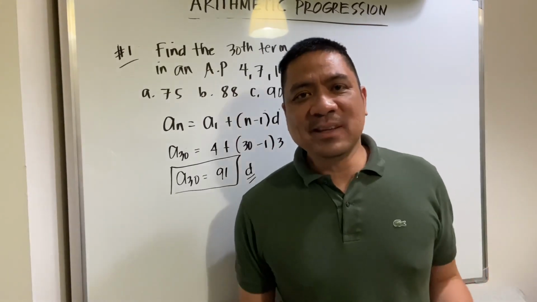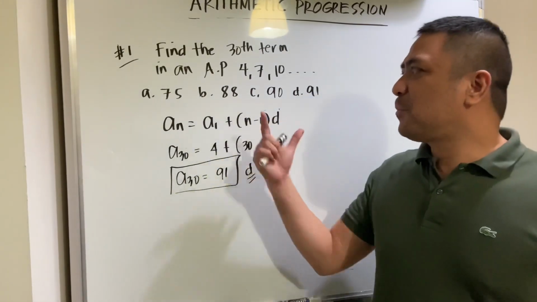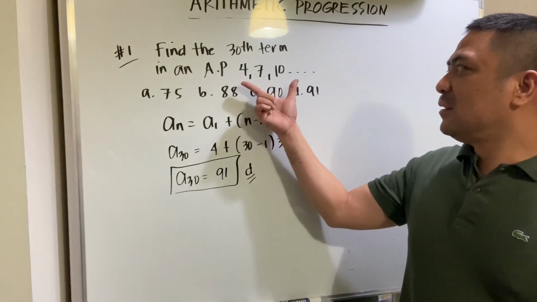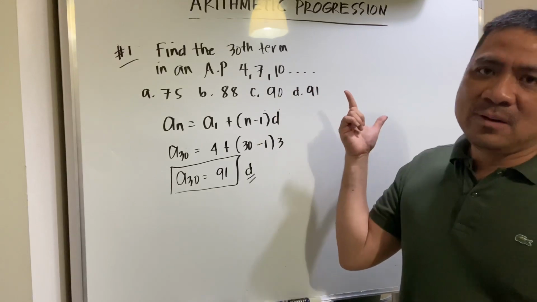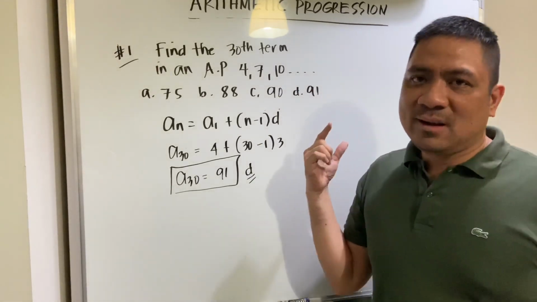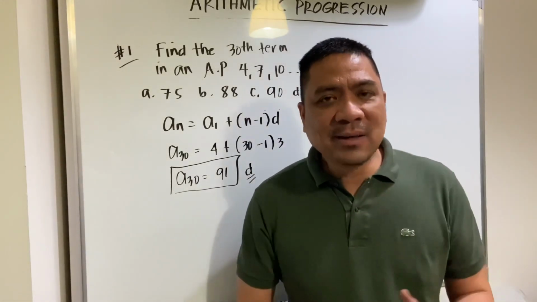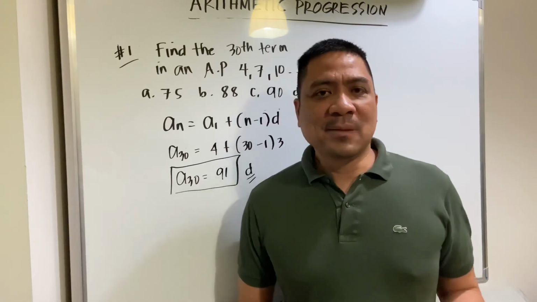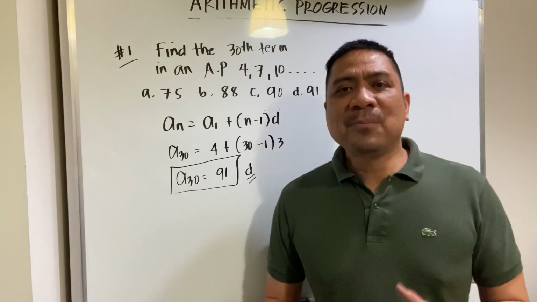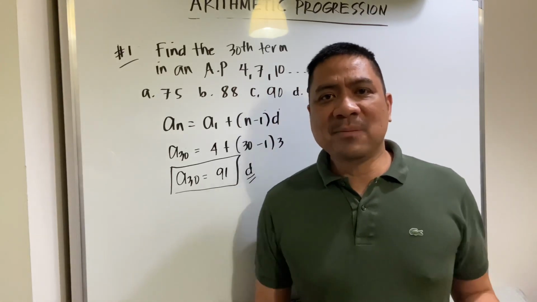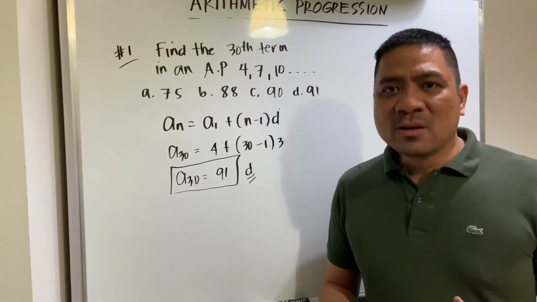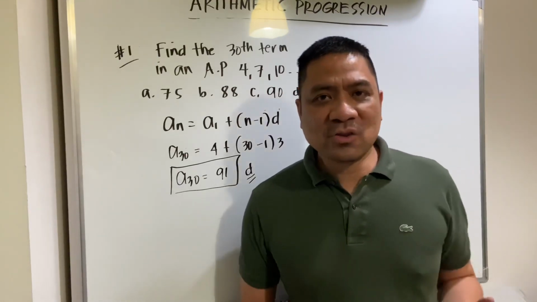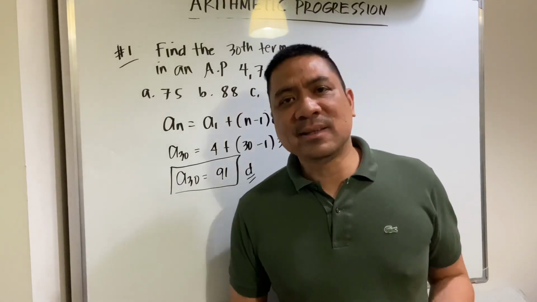Other examinees, if they see this type of problem, their tendency is to try to extend the series up to the 30th term to get the answer, which is also okay. I have nothing against that. But again, in any type of exam, especially board exam, we are buying time. So you have to solve the problem in the shortest possible time so that you'll have more time to solve those problems needing more attention, needing more analysis.